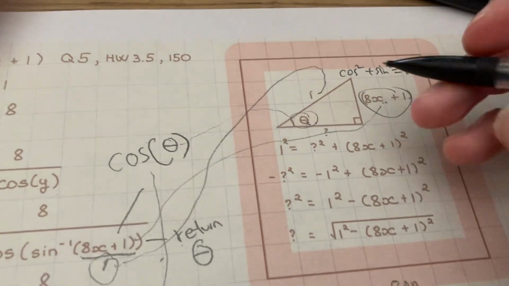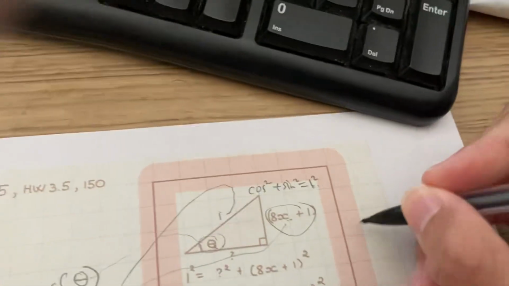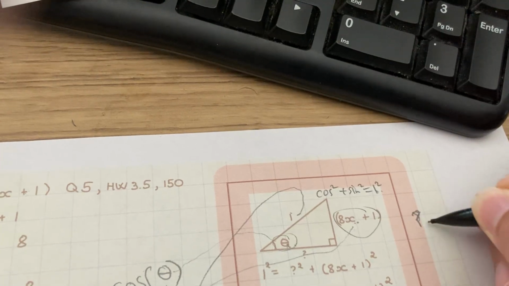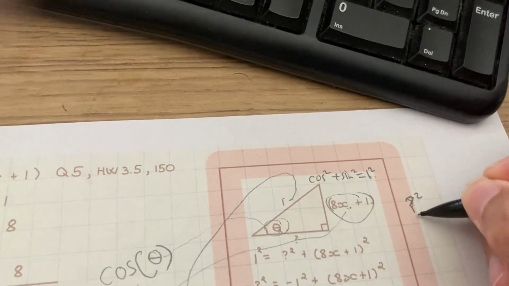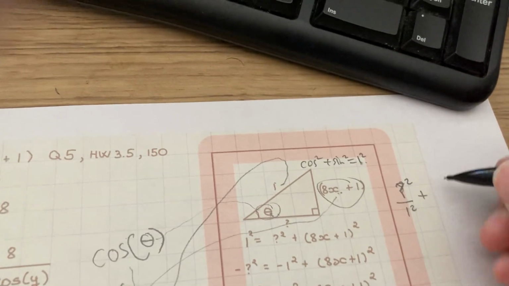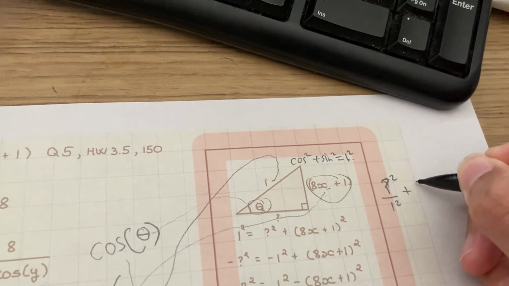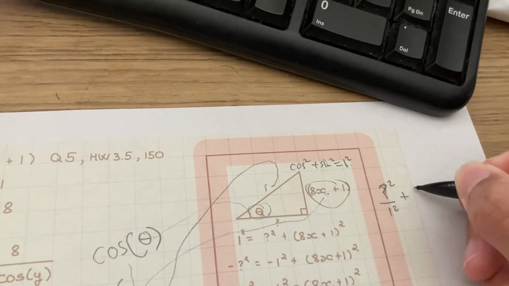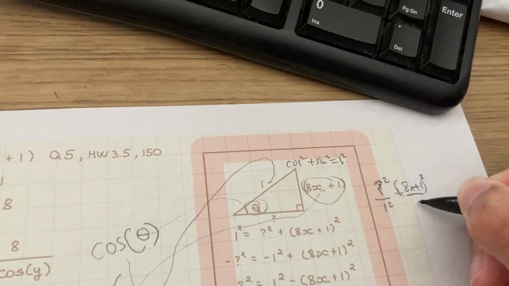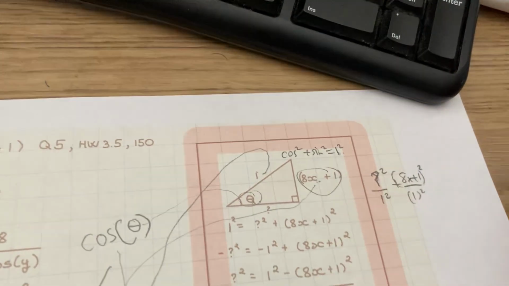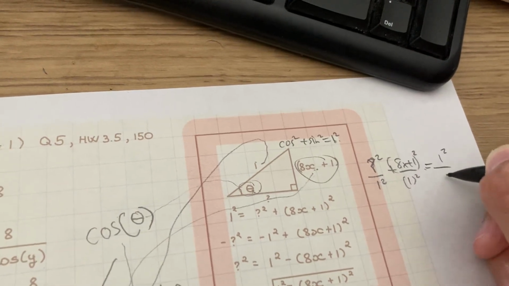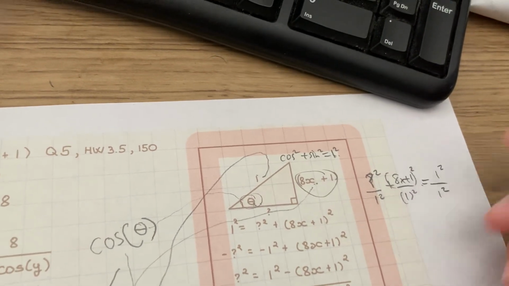So this question mark, the cosine, over 1 squared, plus the sine squared, which is 8x plus 1 squared over 1 squared, because sine is opposite over hypotenuse, equals 1 squared.